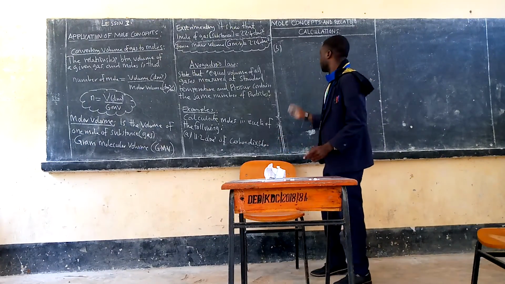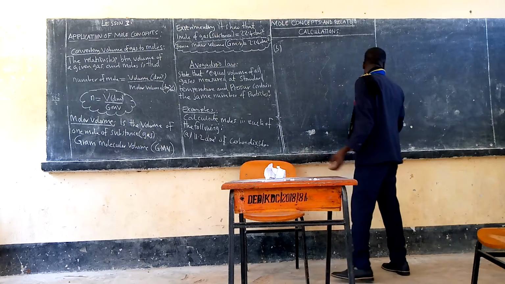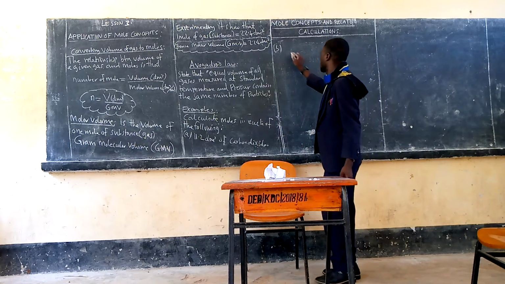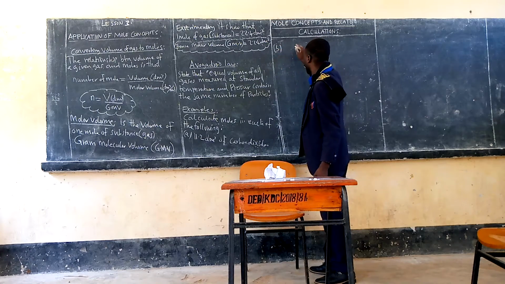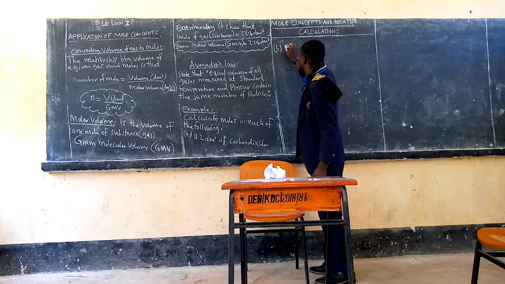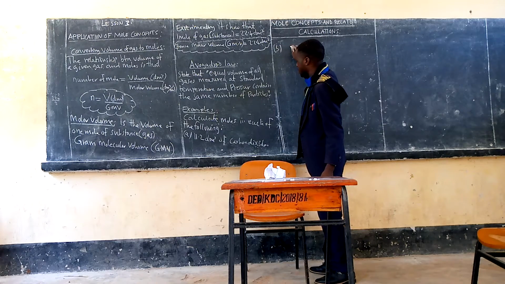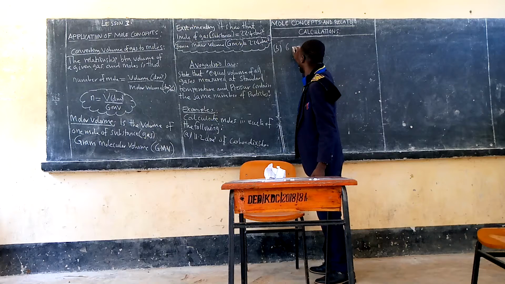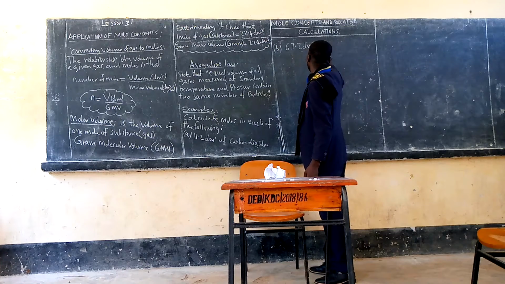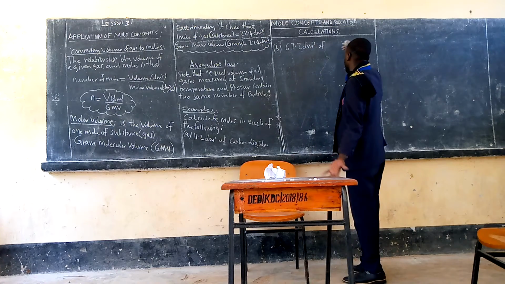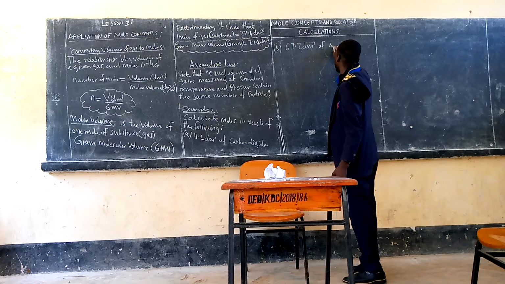And B, you may be required to calculate the number of moles if you are given, let's say, 7.2 decimeter cubic of ammonia gas.